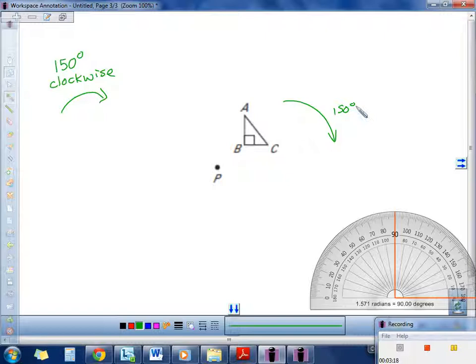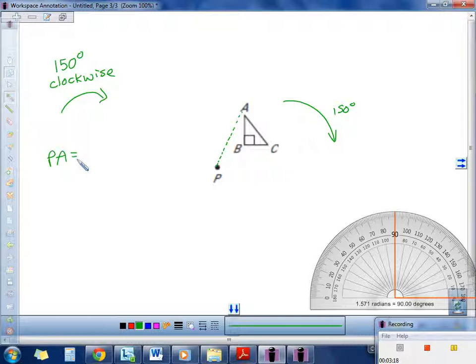Just like I mentioned earlier, it's really helpful to be able to measure to specific points. So I'm using a ruler in my classroom, and I'm going to be measuring to these points. The first measurement I need is from P to A, and I'll write it over here to the side. Now I want to say how long PA is.